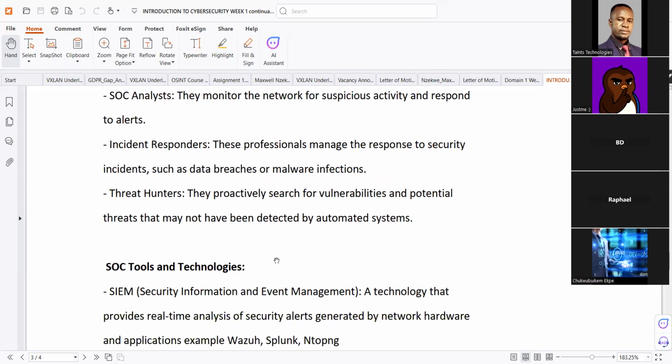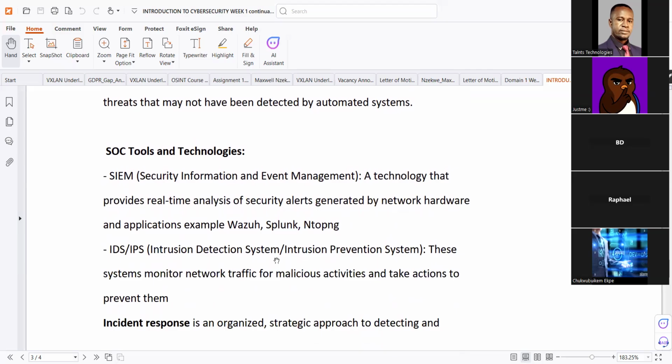All right. So we also talked about the SOC tools and technologies being used. That's where we talk about SIEM tools, IDS, and IPS. What is a SIEM tool? Security Information and Event Management tool. This is a technology that provides real-time analysis of security alerts generated by network hardware and applications.